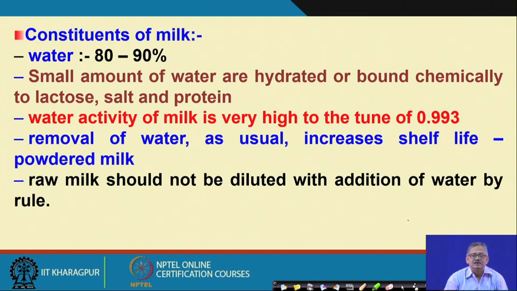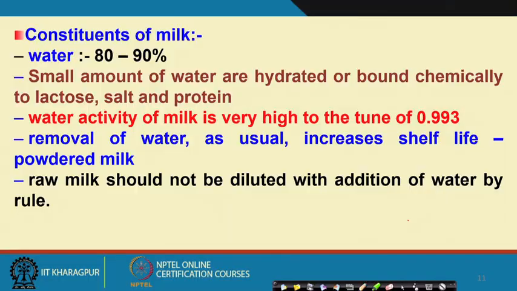Small amounts of water are also associated in milk as hydration. I hope you have seen in school chemistry that hydrated, say copper sulfate hydrated, right. That means it contains maybe 2H2O, 5H2O as hydration.